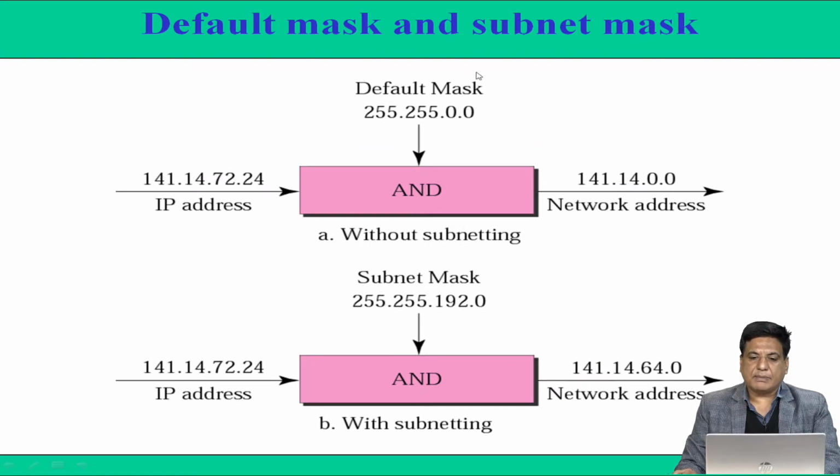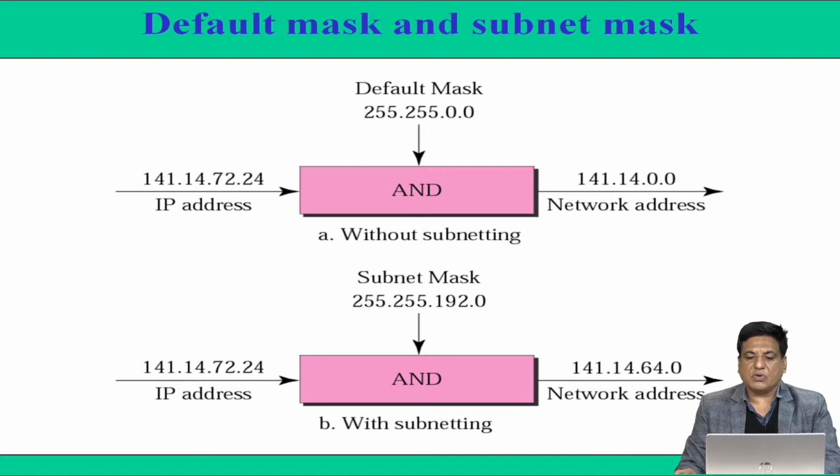Default mask and the subnet mask. Here we are given one IP address, a class B address, 141.14.72.24. If we perform the AND operation with the default mask, we get the network address.